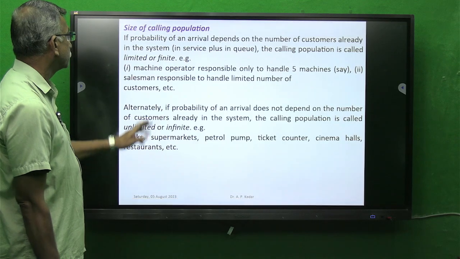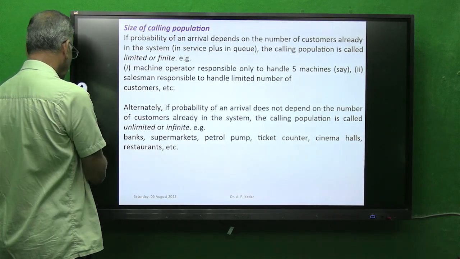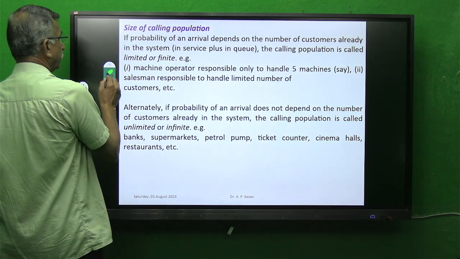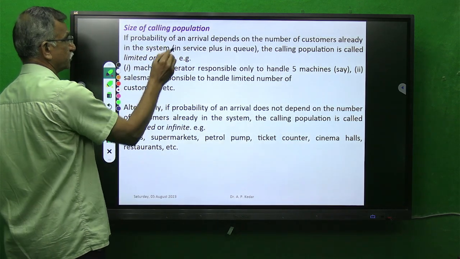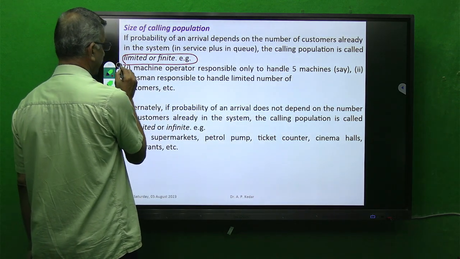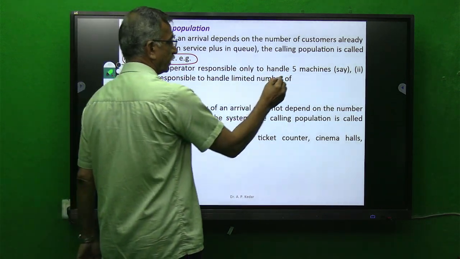Now, size of calling population talks of 2 things that we have already seen. If the probability of arrival depends on the number of customers already in the system, the calling population is called limited or finite. A machine operator is responsible only to handle 5 machines.